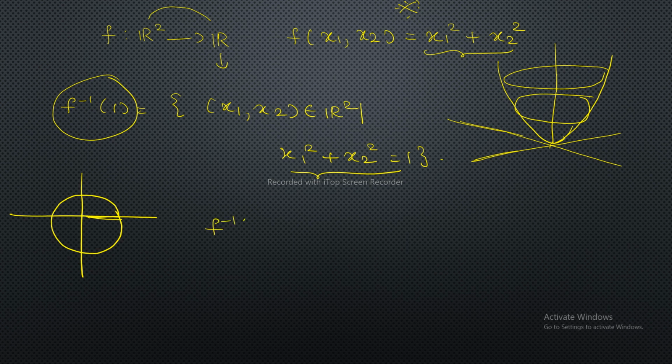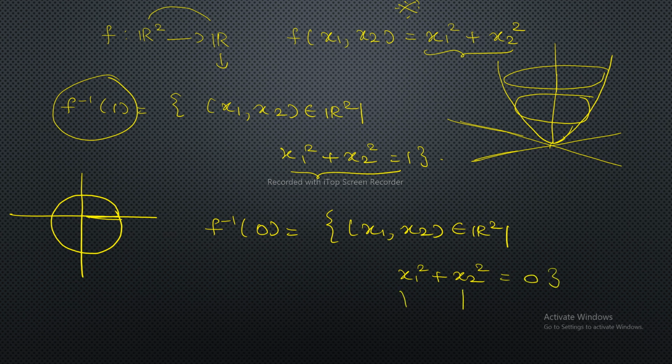What is f inverse of 0? Since this is positive, your set is (0, 0). So at 0 you have only (0, 0). What about at minus 1? x1 squared plus x2 squared is equal to minus 1, so this is going to be the empty set.